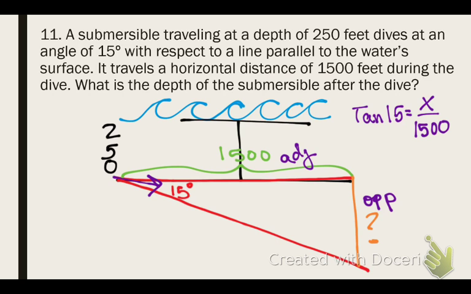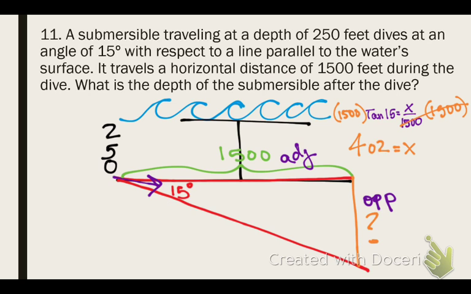Do I need to flip this? No. I can just multiply both sides by 1,500. All right, so 1,500 times tangent of 15. We're going to round to the nearest whole: 402.